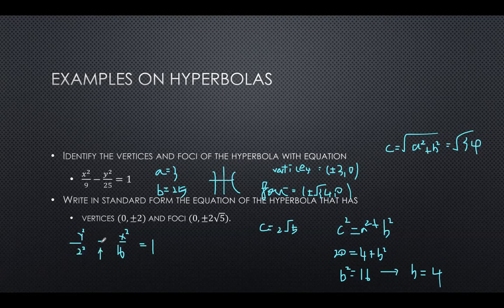If the sign is in front of x squared, then the graph looks something like this, and the vertices and foci are all on the y-axis. In the first case, the minus sign is in front of y squared, so now the vertices and foci are on the x-axis. Right? So far, so good.